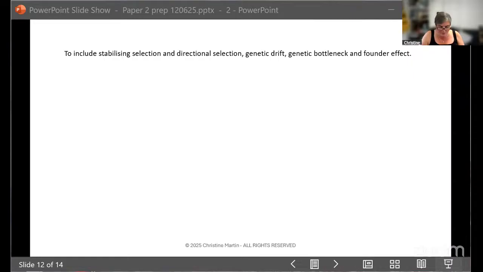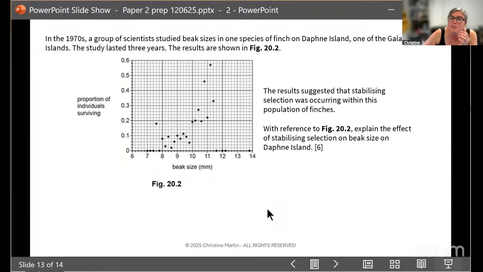So this one is the type of question. This one came up in 2021's paper 2. It was a 6 marker. So this was a 6 marker and it was about stabilizing. Therefore, they're looking for you to use the data.